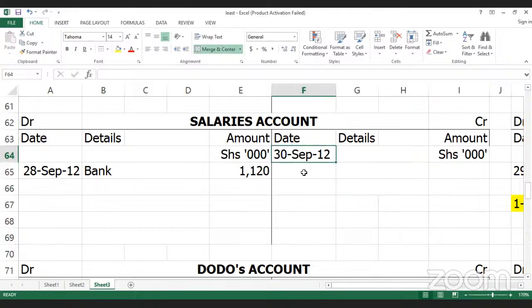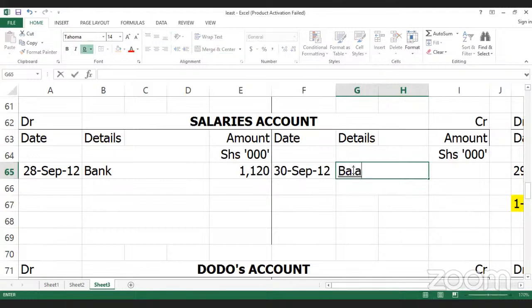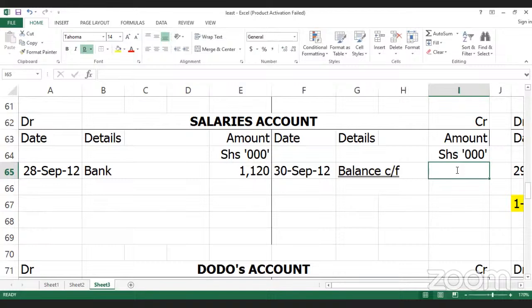At the end of the month, balance carried forward. This is 1120. You insert the totals.